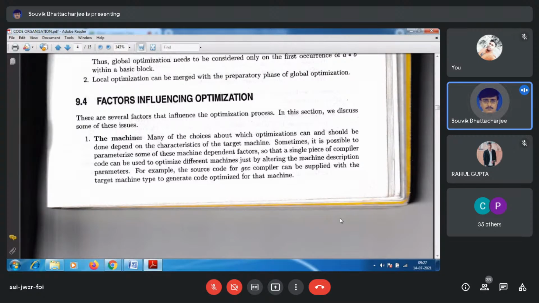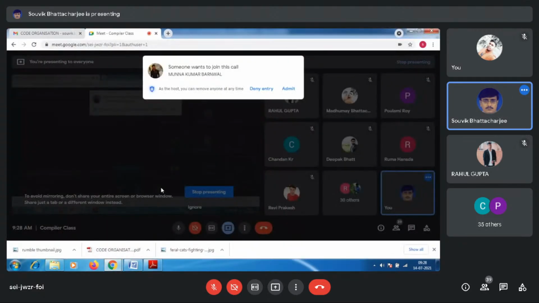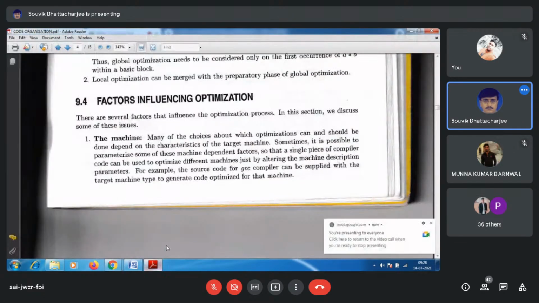First one is the machine. Many of the choices about which operations can and should be done depend on the characteristics of the target machine. Sometimes it is possible to parameterize some of these machine dependent factors so that a single piece of compiler can be used to optimize different machines just by altering the machine description parameters.